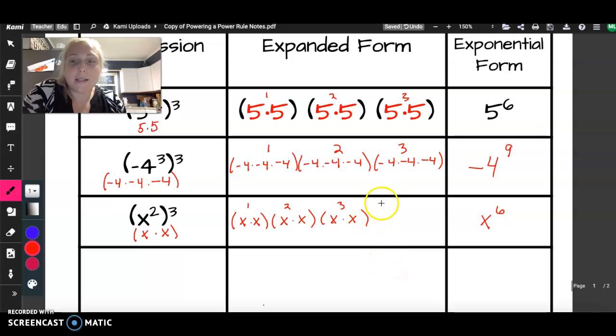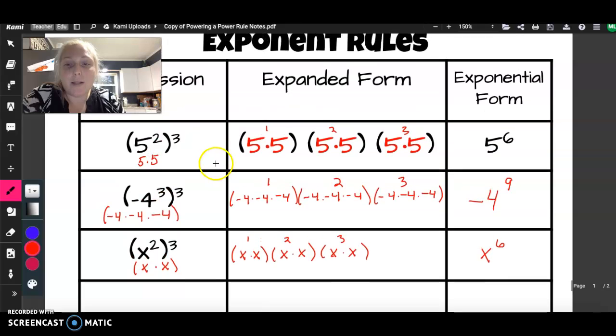Now I'm getting ready to ask you guys to make your own conjecture, to make your own rule about what is happening here. Remember, what happens to our bases every time, even when we're using the product and the quotient rule? Do they change? Think about that when you're writing your conjecture. Also think about what is happening between your exponents in your expression to get us to the exponent that we have in our exponential form.